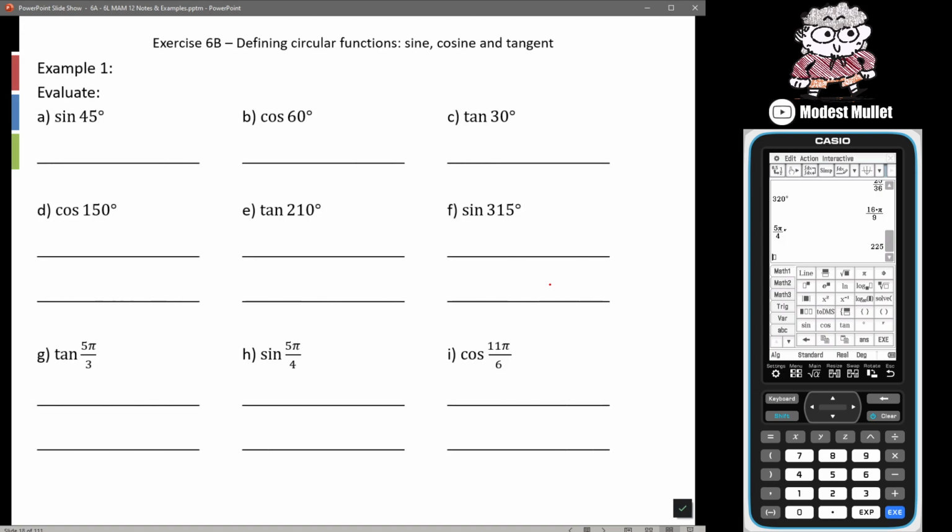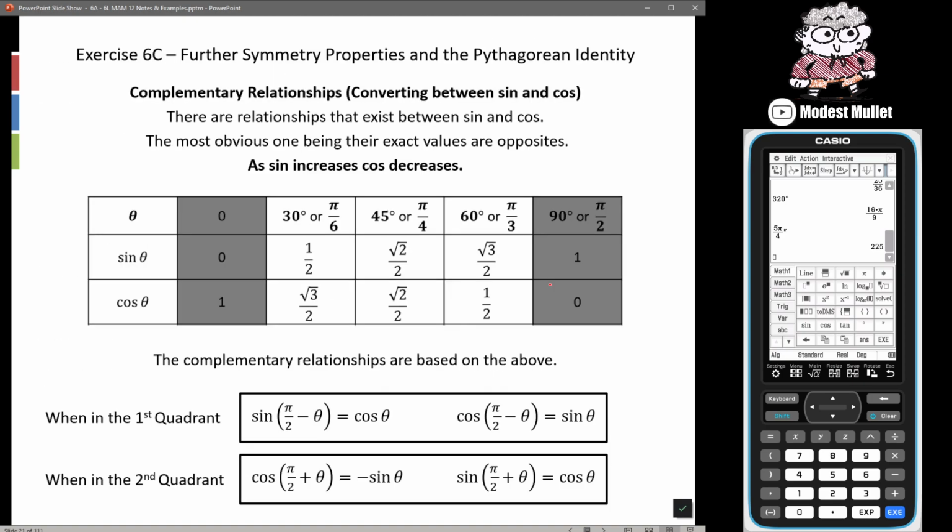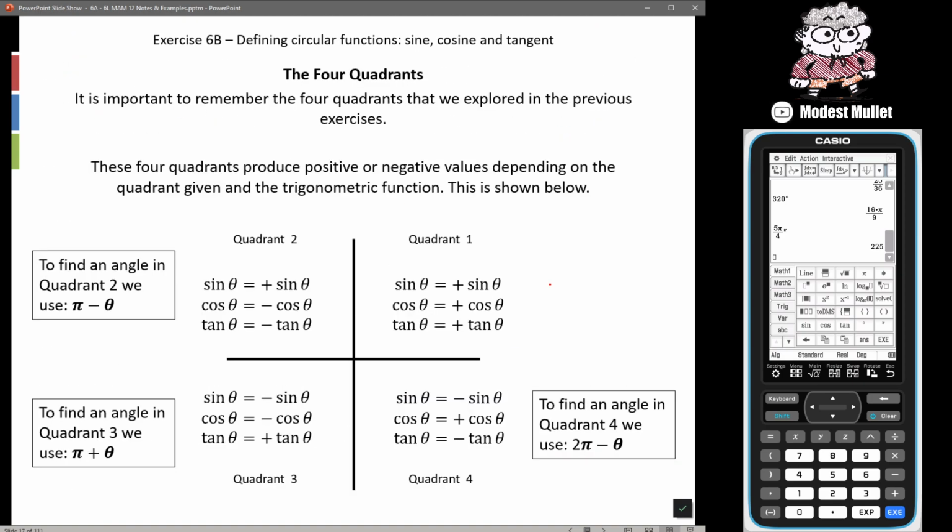Some symmetry to do with values. If we have some angle, we've already looked at in our previous video, but sine is going to be positive in quadrant 1 and quadrant 2 for sine.